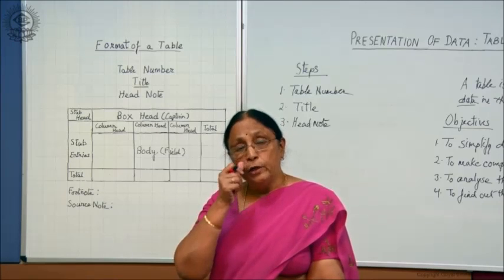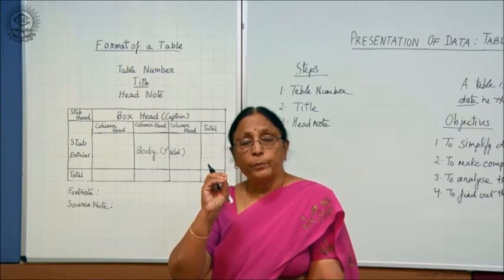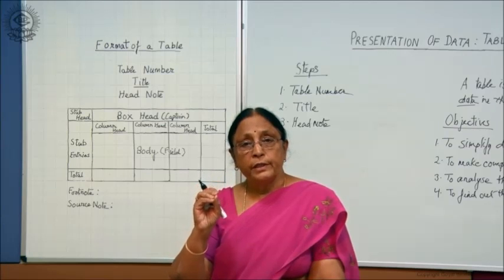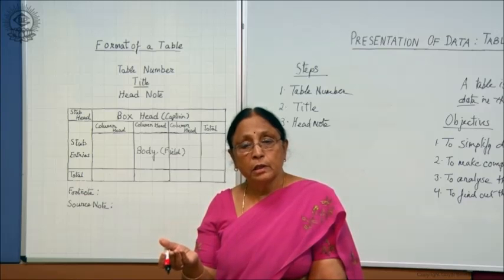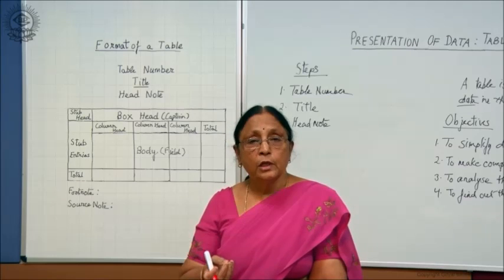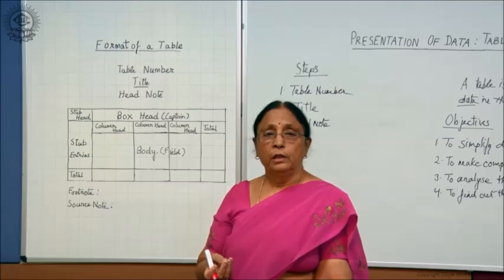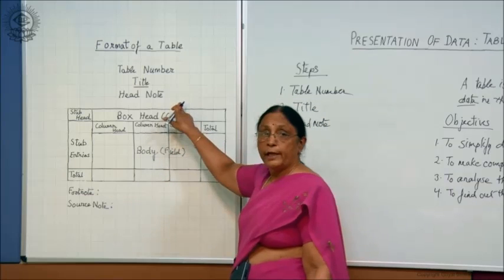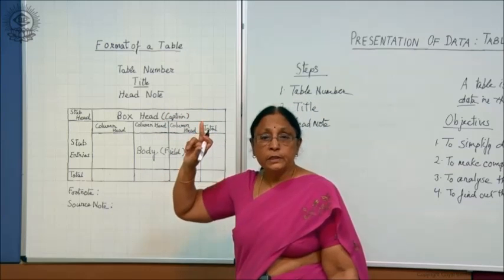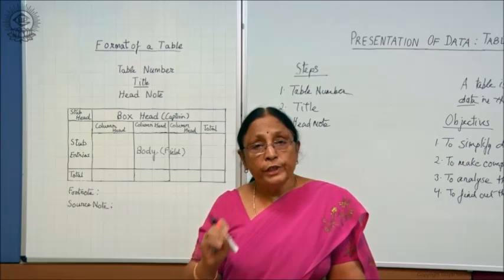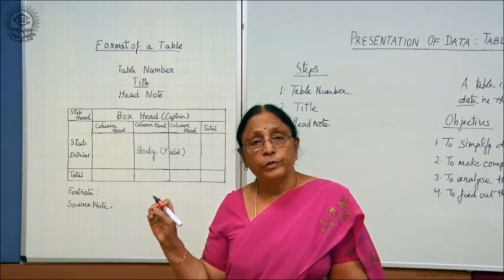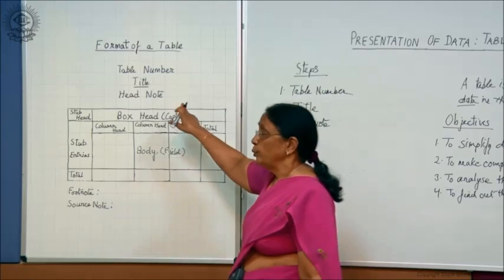Now in the head note you will write down whether the production is in million tons, lakh tons, or thousands, whatever units you are using. That means whatever description you are giving and in what units you are giving the data has to be given in the head note over here.